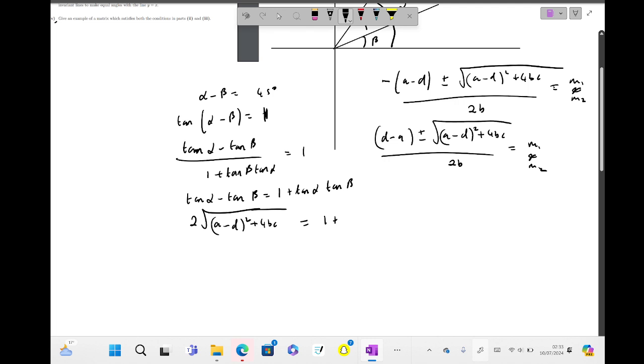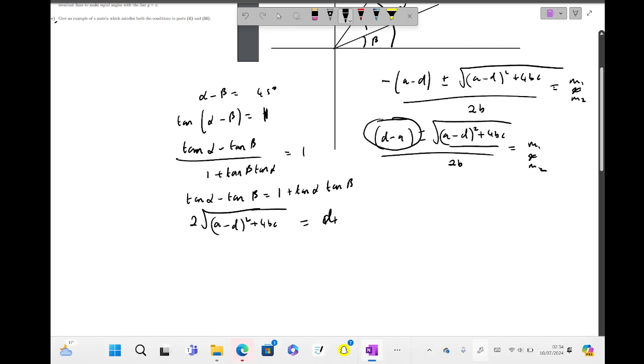So tangent alpha times tangent beta will just be a difference of 2 squares, because if we group this term here and this term here as 2 different variables, we call this left term a, and we call the right term inside the square root, or even without the square root, b. It'll be a plus b times a minus b, which ends up being a squared minus b squared.